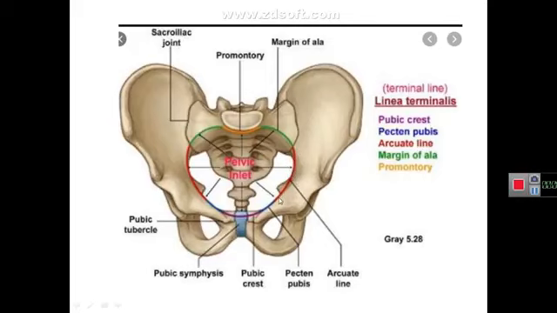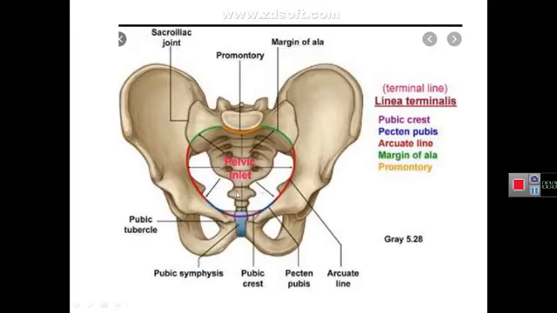After the arcuate line, the linea terminalis is formed by the pectineal line or pecten pubis, that is the upper border of the superior ramus of the pubis. And then the pubic tubercle, and then the pubic crest is the more anterior part of the linea terminalis.